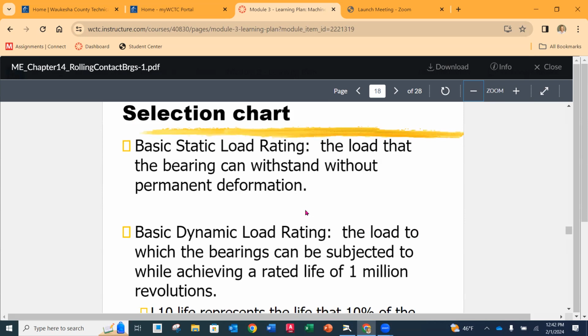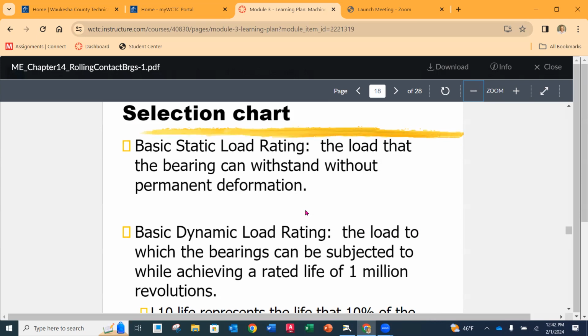This is the force that you're going to calculate based on the reactions at those supports. Just like when you were doing the reactions on beams at their supports, we can simulate a shaft, and its supports are going to be at the bearings. This is the number we use for the basic static load rating: the reaction at the support. Once we know what that is, we've got that one done.